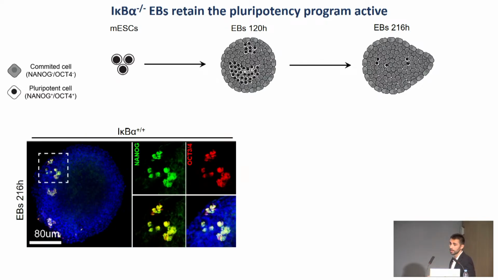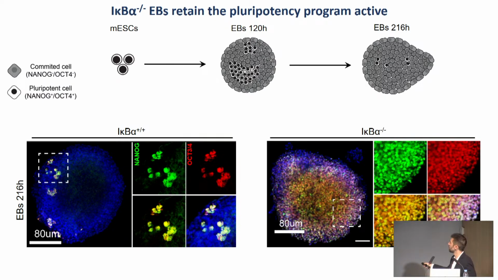Whereas in a wild-type embryoid body you can see that after 9 days very few and small patches of pluripotent cells were remaining, when we deplete IκBα at the pluripotent state, these knockout embryoid bodies were not able to properly silence the pluripotency program, since it's totally positive compared to a wild-type EB.